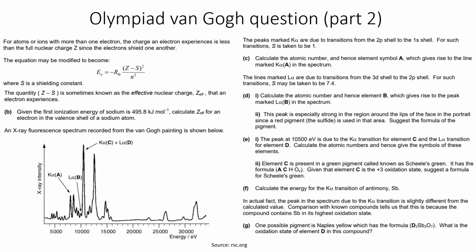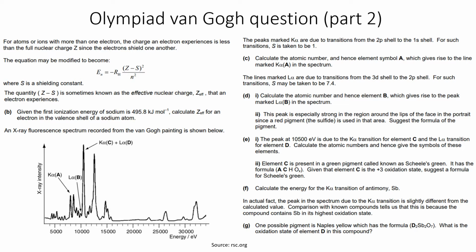And so what we're going to do in this case then is sub in minus 495.8, the 1312 for the Rydberg. n will be equal to 3 for the valence electron, and so then we're just going to solve it for Z effective, which is what the Z minus S is on the numerator. That should be fairly straightforward. Then it gets more interesting.